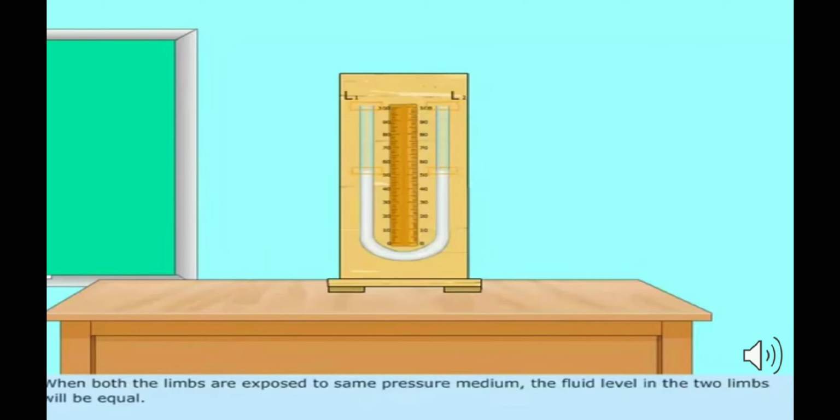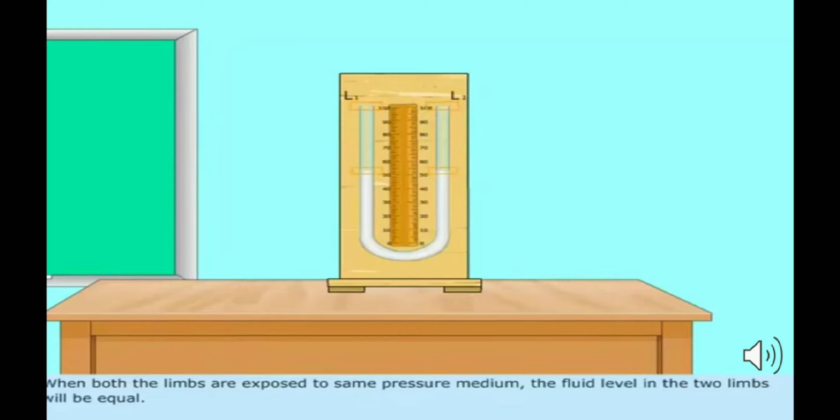Okay, so in this picture, we can see that a scale has also been placed over there to measure the height in both the limbs of the U tube. So L1 and L2 are the two limbs over here. Now, we have filled a manometric liquid over there.